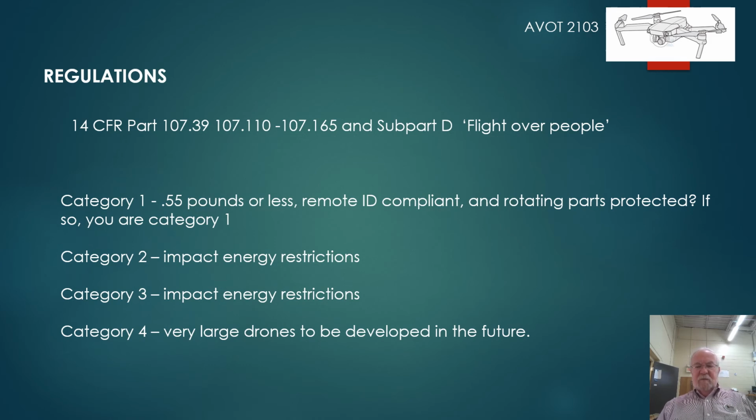We're not really interested in doing that. Category 2 and 3, you'll notice I put down impact energy restrictions. Basically, what the manufacturer needs to do is, if this drone falls and hits somebody on the head, is it going to kill them or cause serious damage? There's a lot more to it than that. I'm being really simplistic, but basically, it's how hard is that going to hit somebody.